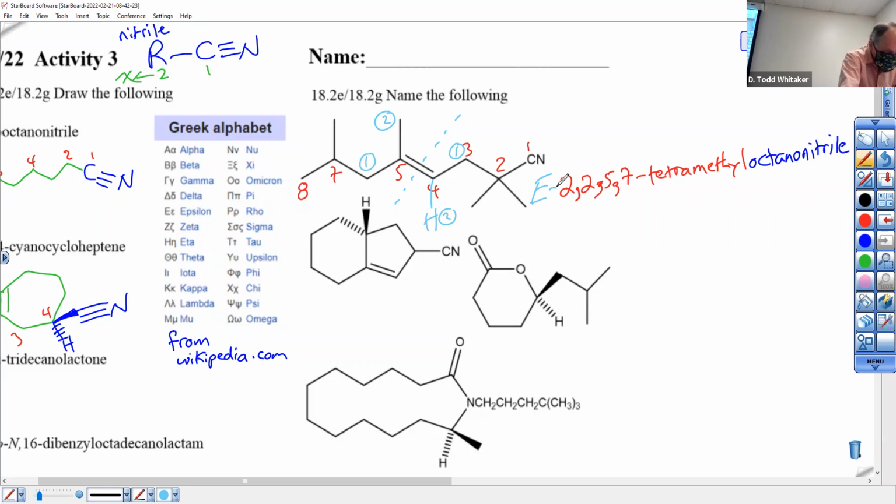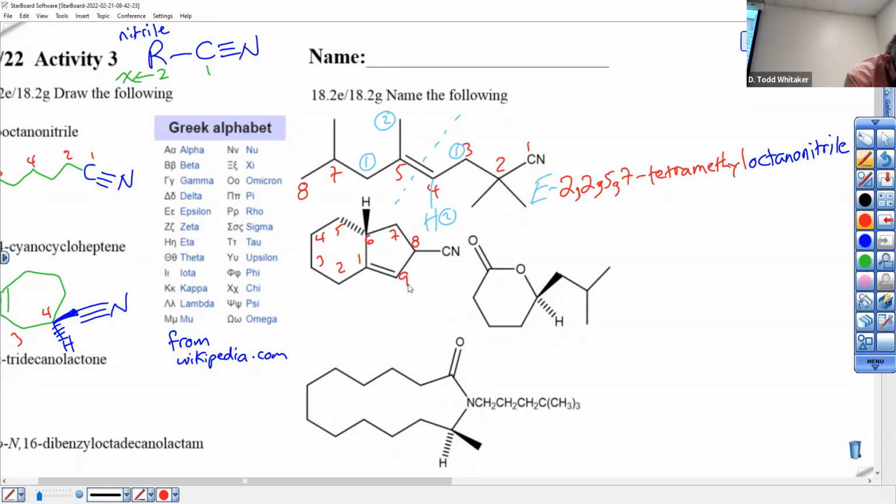Okay. Nice. Next example, the cyano is not part of the longest chain. It's sticking off of a chain, ring in this case. So we're going to call it a cyano, and follow all the rules for nomenclature. In bicyclos, this is a bicyclo. 2, 3, 4, 5, 6, 8, 9.